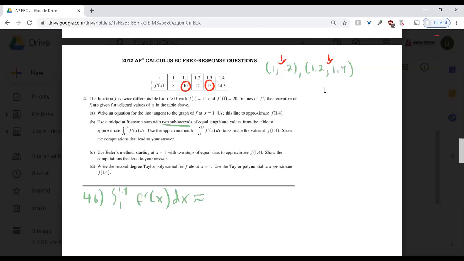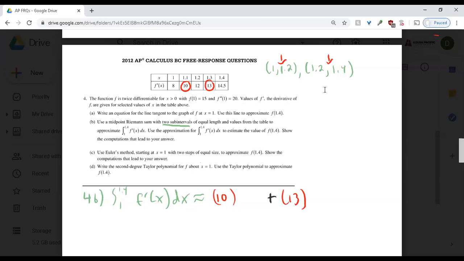Those represent the heights of your rectangles. So one of your rectangles has a height of 10. The other rectangle has a height of 13. If you want to find the base, you just find the length of the interval. So the base is going to be the distance. I should have said 1.2 there.